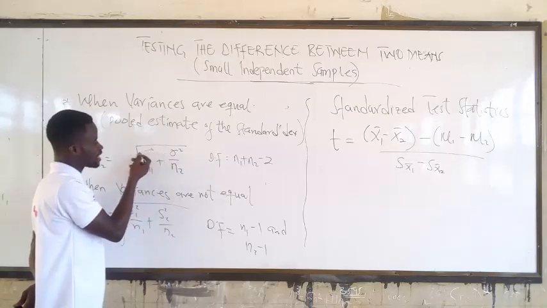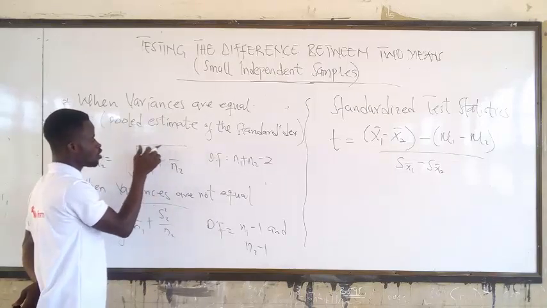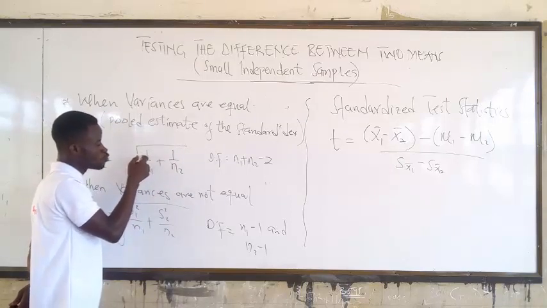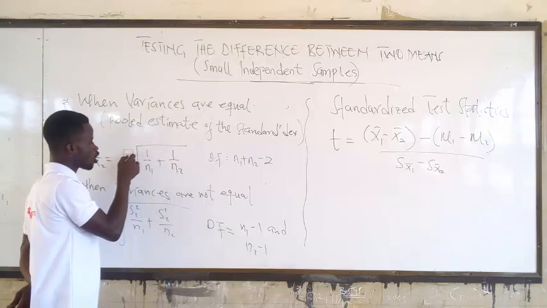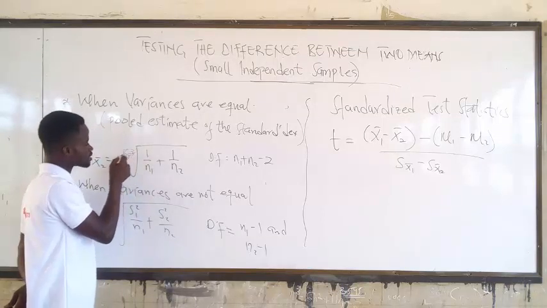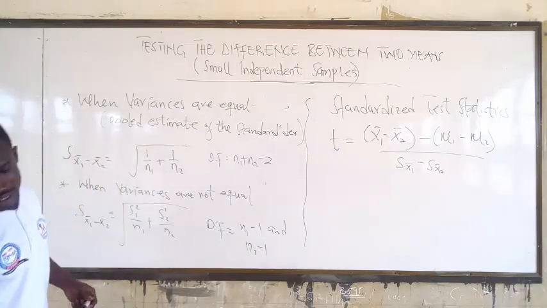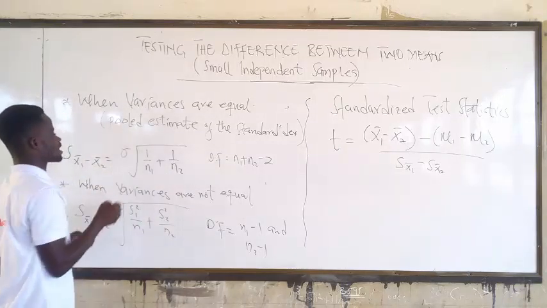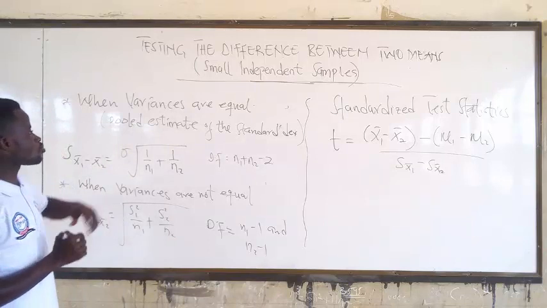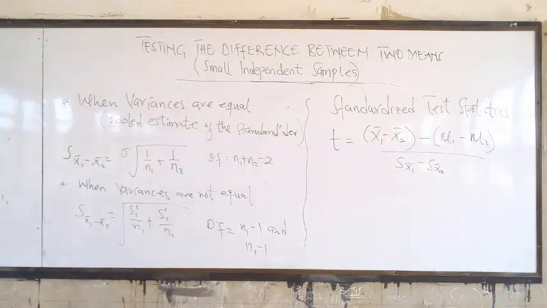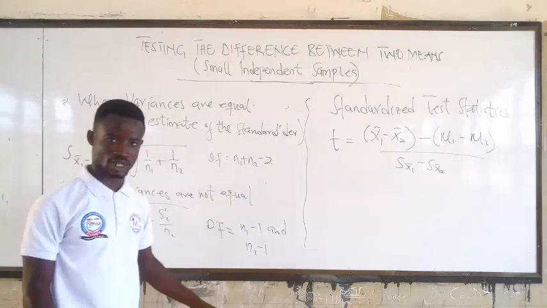And when you factor this out, here will be left with 1, here will be left with 1. And that square root will be something like this, all squared. So that one will cancel this one. So it means that you can pull out the standard deviation. That is why it is called pooled estimate of the standard deviation. Alright, so that is that for that.